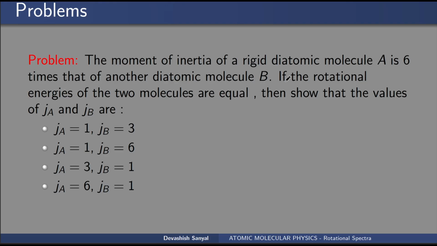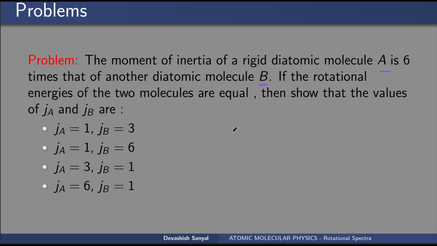The moment of inertia of a rigid diatomic molecule A is 6 times that of a diatomic molecule B. The rotation energies of the two molecules are equal. Then show that the values of Ja and Jb are this. So you have 4 options.